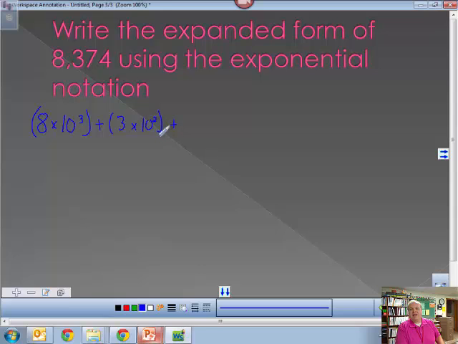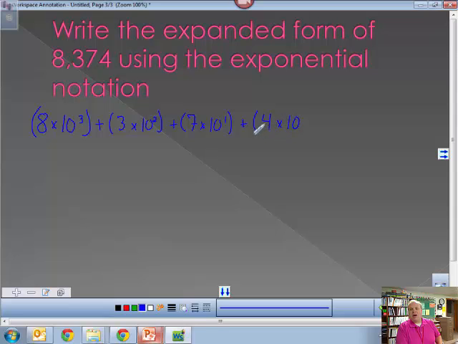Then I'm going to add to that. I'm at 70 now, so I have 7 times 10 to the 1st. Remember, anything to the 1st power is simply that number. So 7 times 10 is 70, plus, now I need 4, but I have to multiply it by a power of 10.